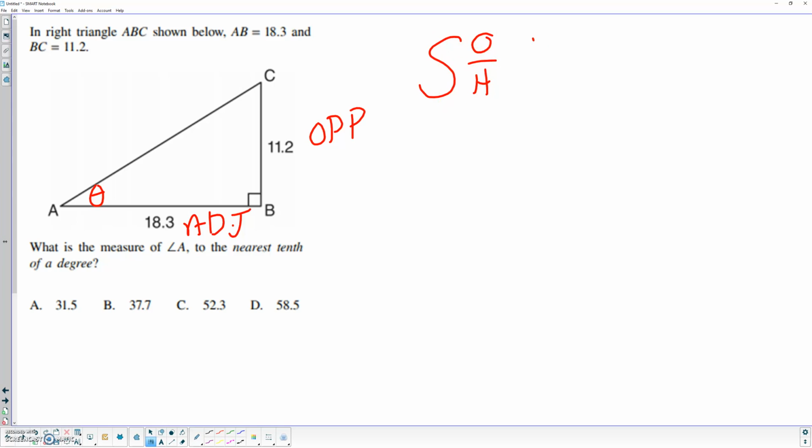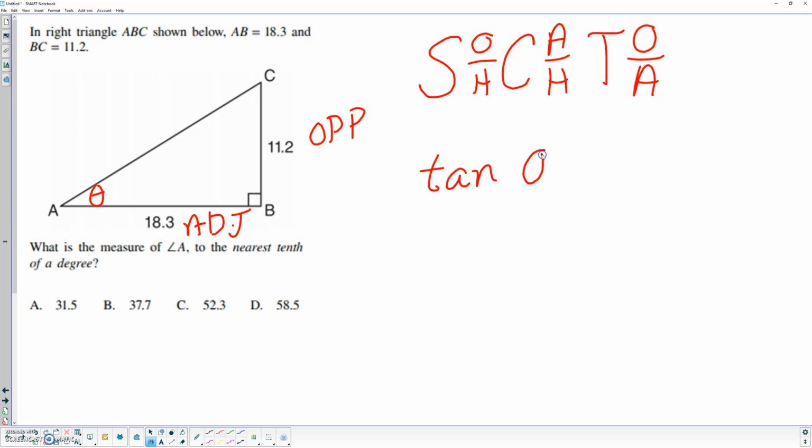So we're going to write down SOHCAHTOA on the side of our paper. All right, so the ratio that involves the opposite side and the adjacent side is tangent. So we're going to set this up as tan theta equals 11.2, the opposite side, over 18.3, the adjacent side.